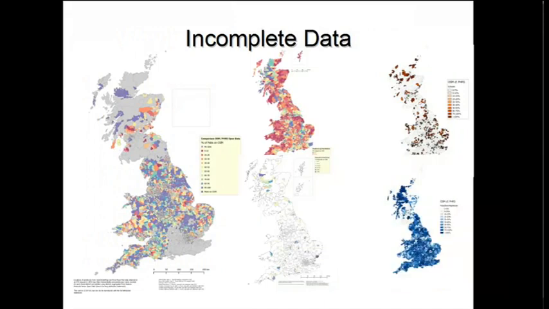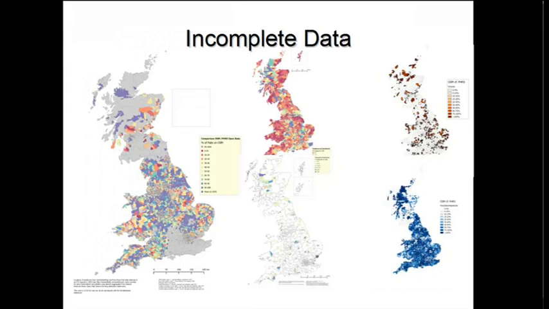Incomplete data. This shows a series of POIs where I've got quite good external open data, which I can compare directly with OpenStreetMap data, and the different colours just represent the overall percentage. Some things are much better mapped across the country than others, and some are just pretty awful.